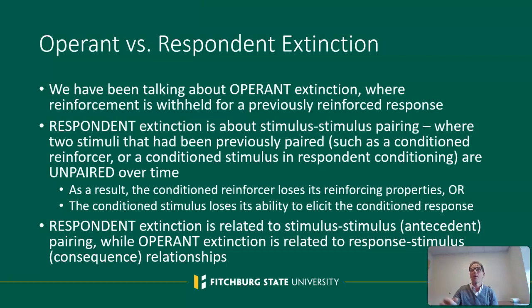And here we have a case where behavior becomes less likely to happen because we break that pairing between a response being followed by reinforcement. So again, if we're looking to tease out the difference, respondent is all about antecedent pairing, operant is about consequence pairing.